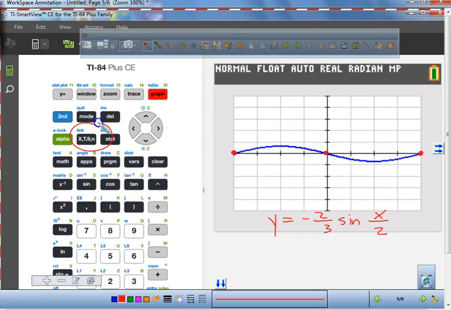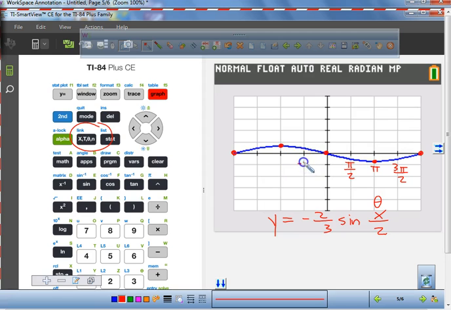Understand, you see this button right here? X, that t symbol, which we'll get to if it's only a parametric equation. And what's that symbol right there? Theta. So that's what we're going to be using; instead of theta over 2, we're using x as your theta. So you put x divided by 2. Now right up here, there's the max, and there's the minimum. So remember, this is at pi over 2, this is at pi, this is at 3 pi over 2.